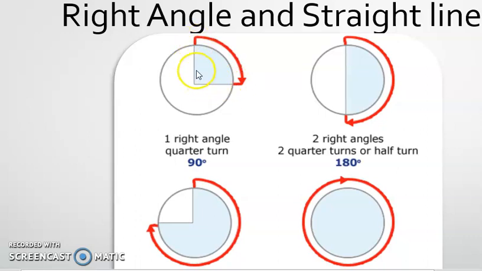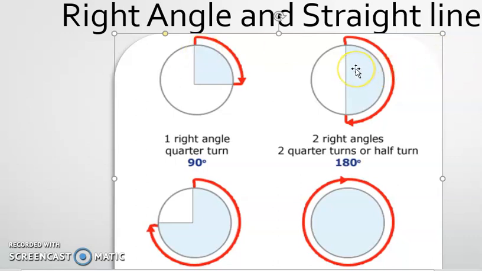It means that 1 quarter of a circle has 1 right angle, and that is 90 degrees. You all know that a right angle is always 90 degrees. And this is my 1 quarter and 1 right angle. So it means 1 quarter, 1 right angle, 90 degrees.